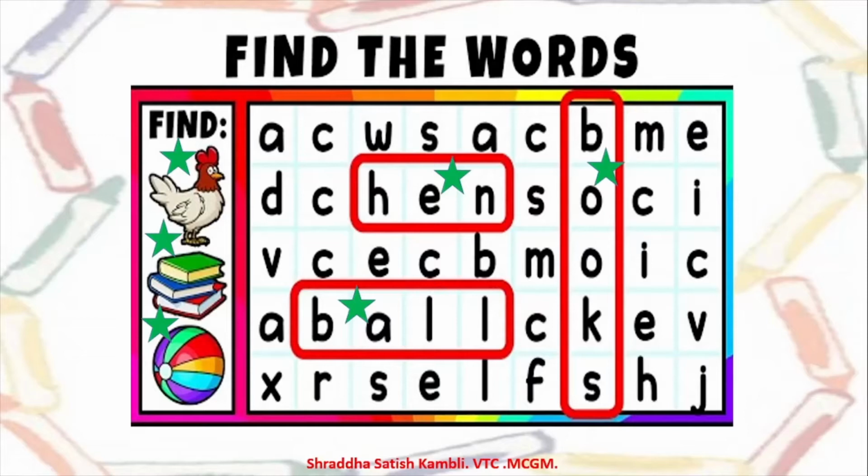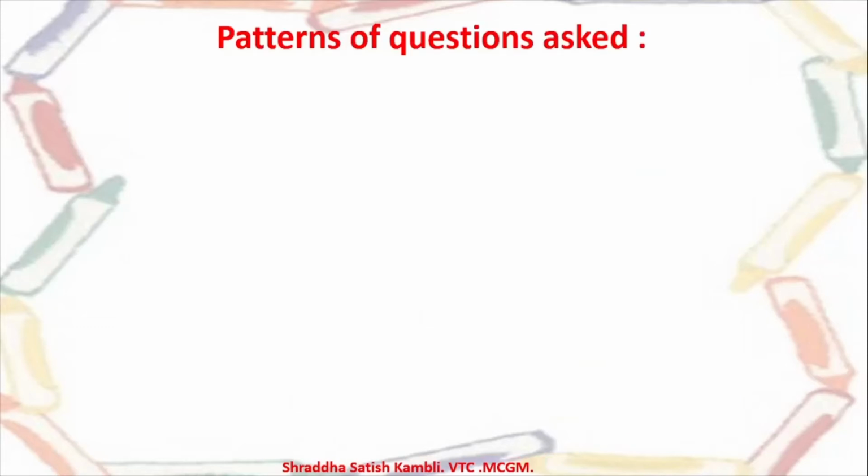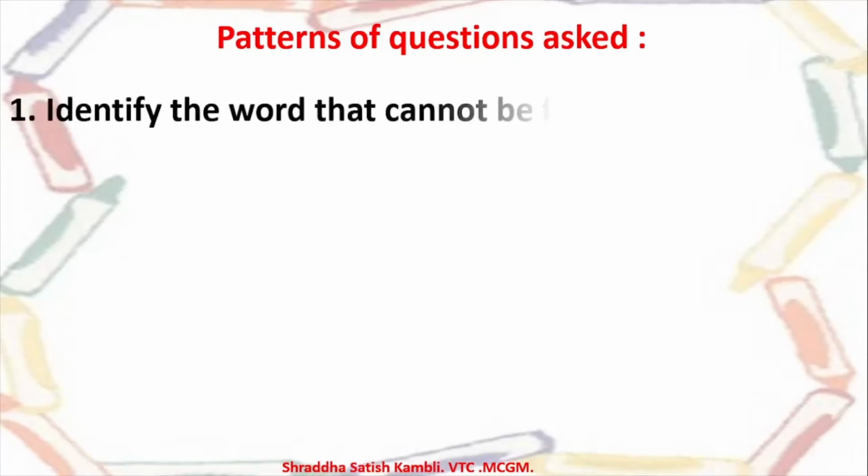Okay children, so these are all the different ways in which word grids are made. Now, as we usually do in a scholarship lesson, let us take a look at the kind of questions that could be asked. So basically there are 4 patterns here, and we are going to try and do some questions, some examples in each of the patterns. So let us take a look at pattern 1 now. Identify the word that cannot be found in the grid.